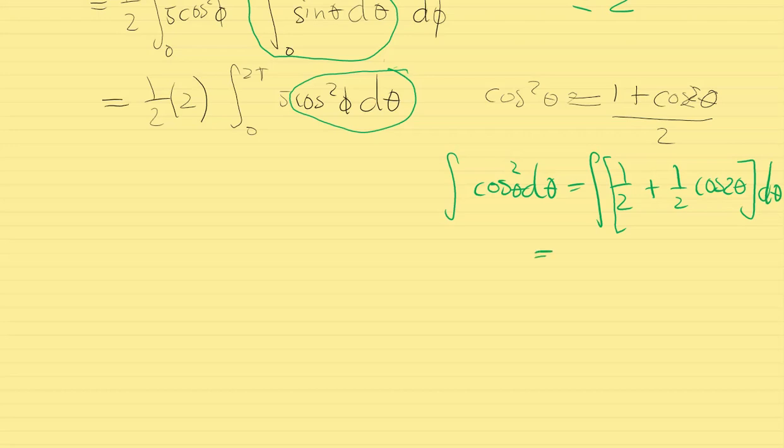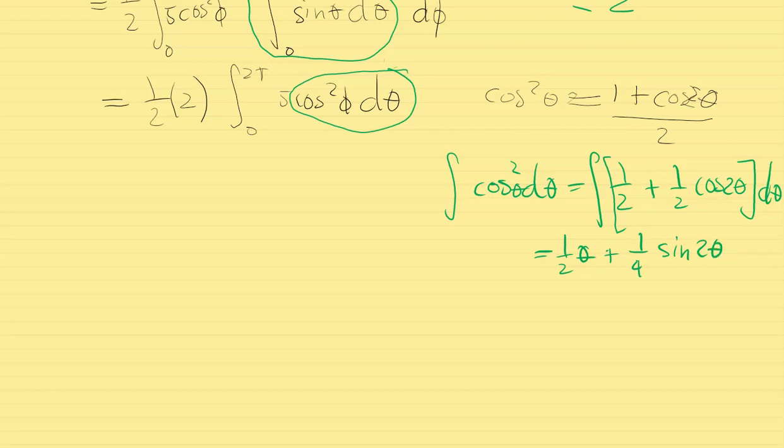The integral of 1/2 d theta is 1/2 theta. Then plus the integral of cosine 2 theta, which is sine 2 theta times 1/2, the neutralizing factor. So 1/2 times 1/2 is 1/4 sine of 2 theta.